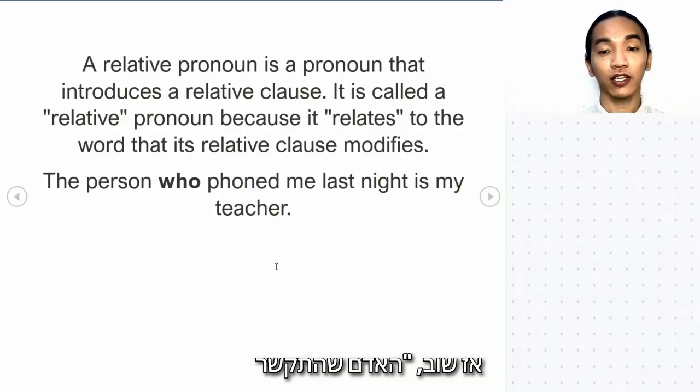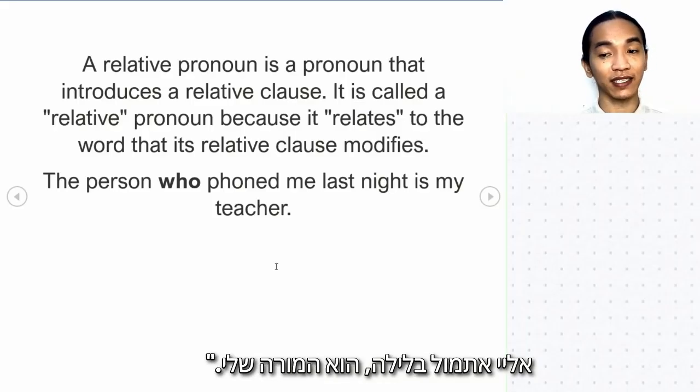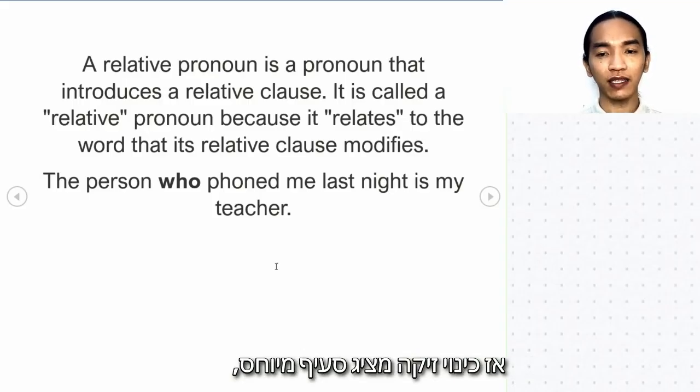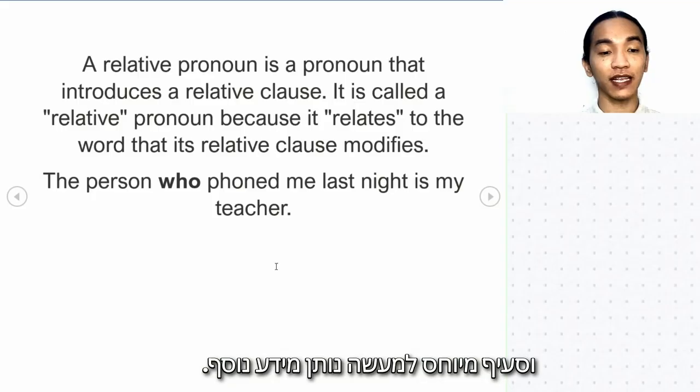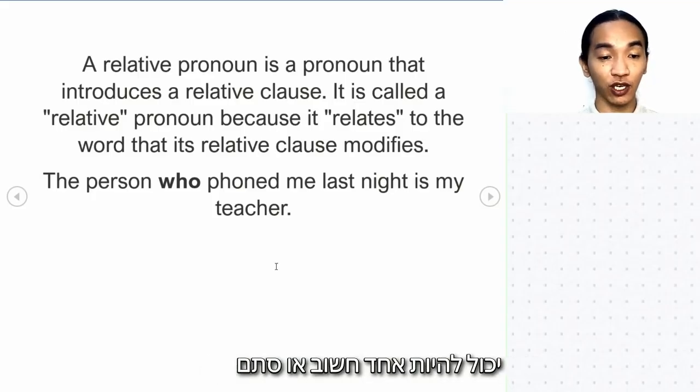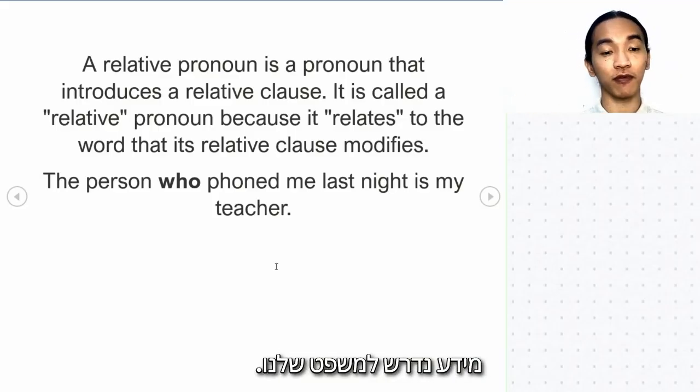Again, the person who phoned me last night is my teacher. A relative pronoun introduces a relative clause, and a relative clause gives extra information, could be an important one or just accessory information for our sentence.